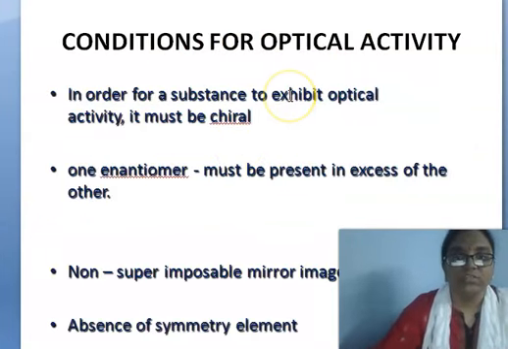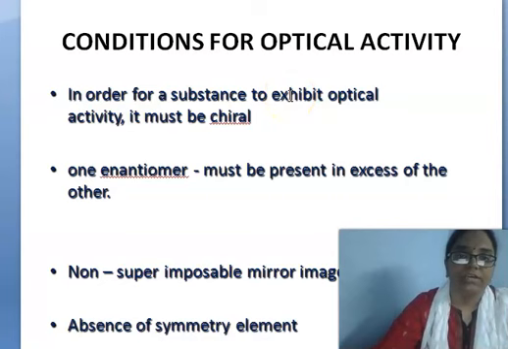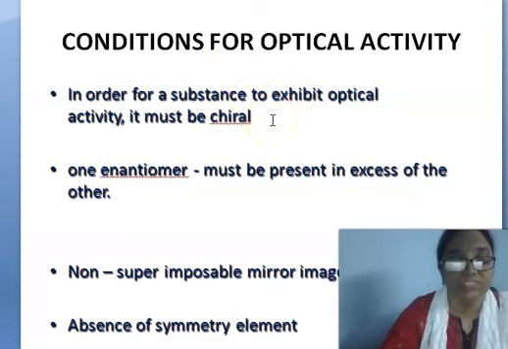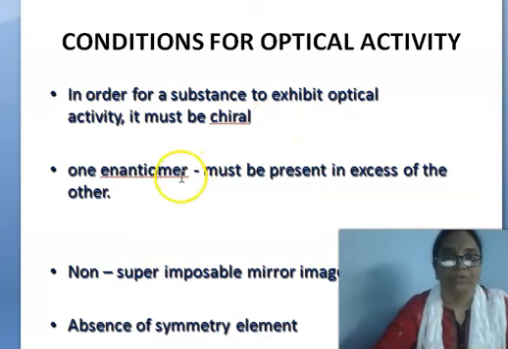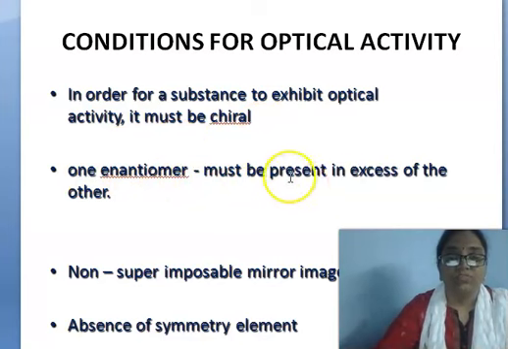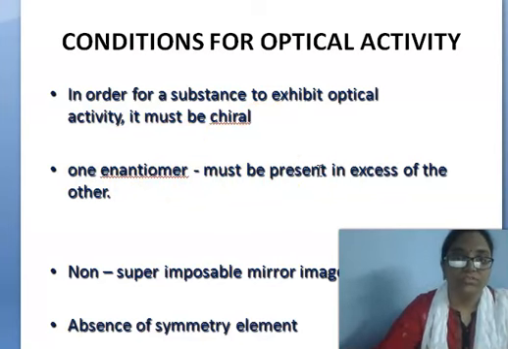Next we shall see the conditions for a molecule to be optically active. The first condition is that it must be a chiral compound, that is, a carbon attached to 4 different groups. Then it must have more than one configuration, with one enantiomer present in excess of the other.